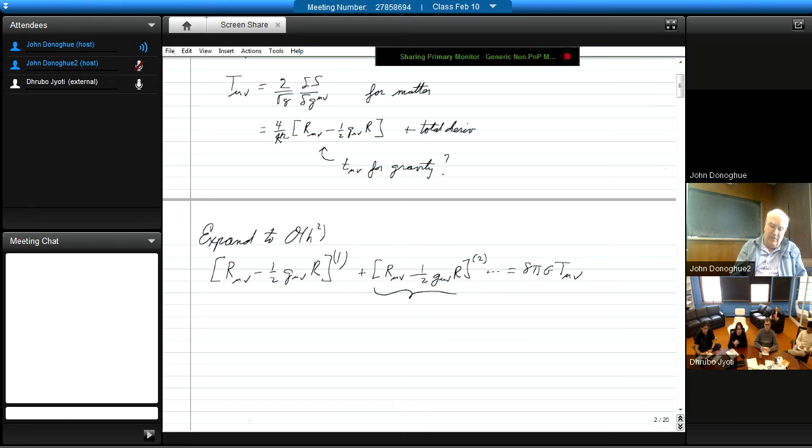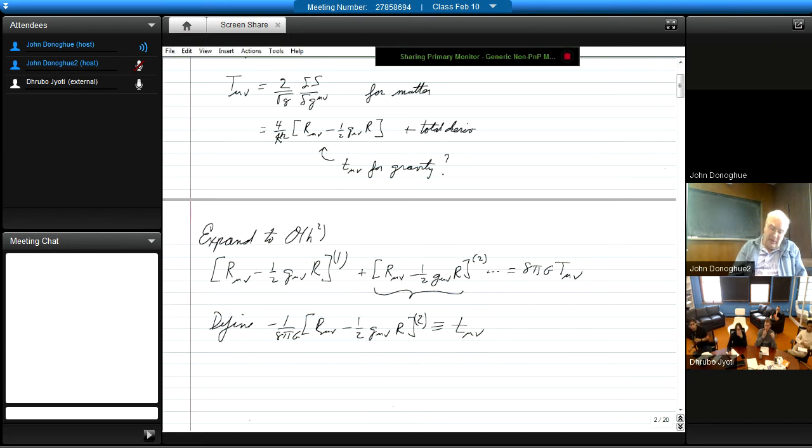Now, this guy is quadratic in h. It's a tensor. We can take this and define, I do minus 1 over 8 pi G, R mu nu minus 1/2 g mu nu R, 2, so that's not squared, it's 2, second order, is defined to be, let me call it little t mu nu.